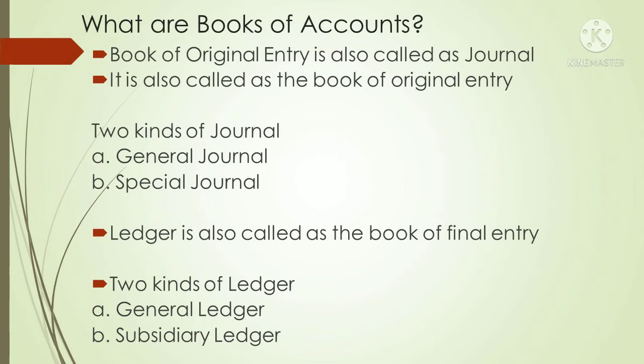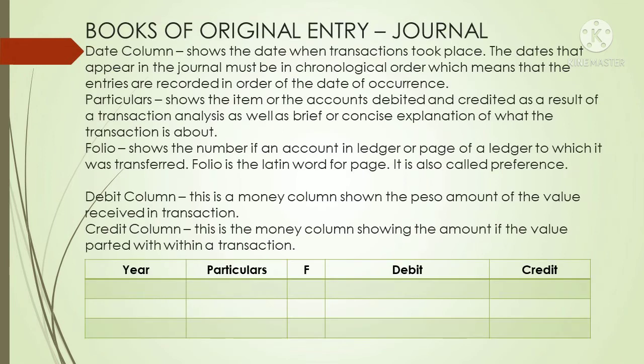You can actually understand it as we go along, okay? So gitawag siya nga book of final entry kay gikan dito sa journal, kana nga account, i-transfer dito sa general ledger. Masabdan na ninyo as we go along.